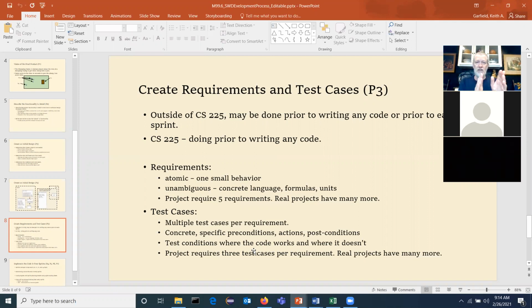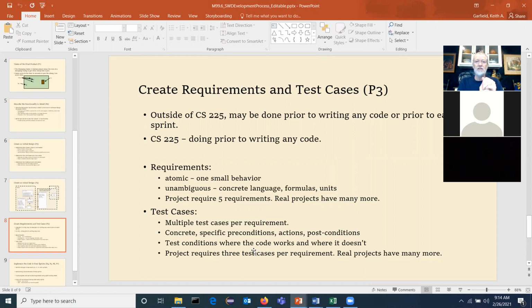The program shall do this is one requirement. The program shall do that is a second requirement. So that's actually good news, right? Because if you're having trouble coming up with 5 requirements and one of your requirements is the program shall do this and that, you should break that up, and now you've got 2 requirements.